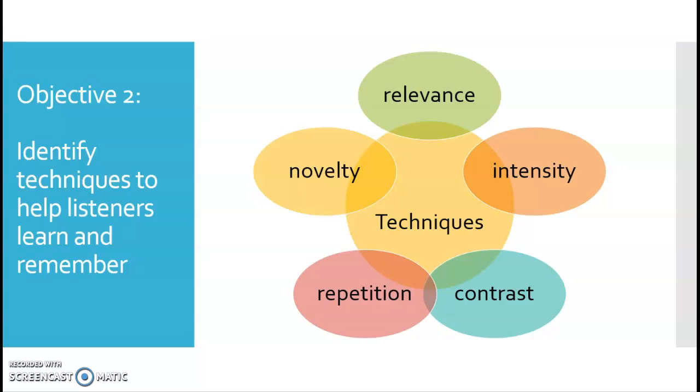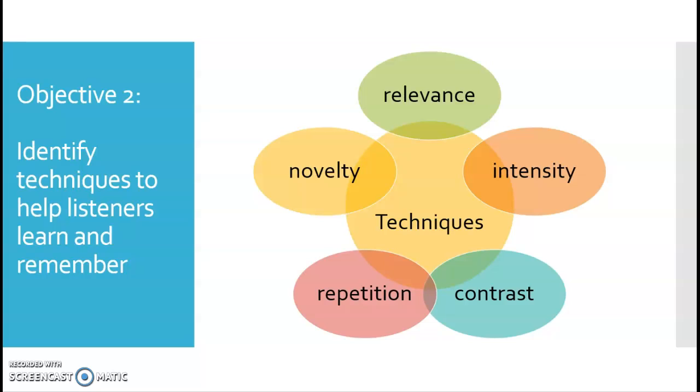We want our listeners to walk away knowing something, to have gained knowledge, to have reduced ignorance, okay? So that's our goal. So here are some techniques that we can use to help listeners learn more effectively and, most importantly, remember. Walk away with more than they knew on the topic before they took in your speech.